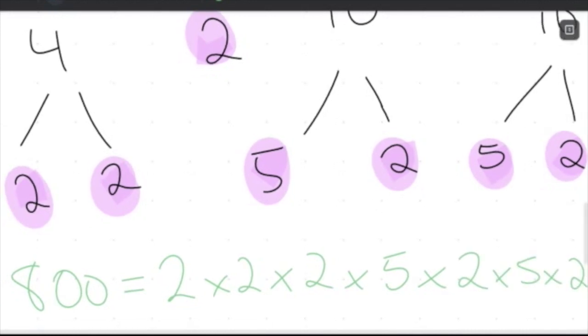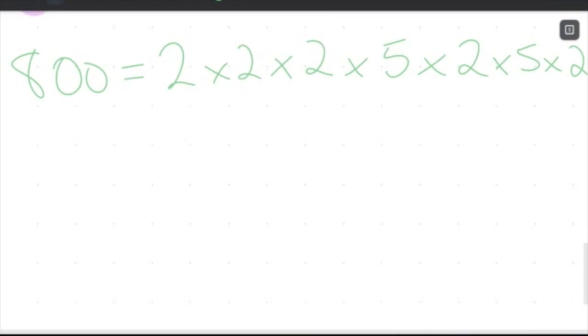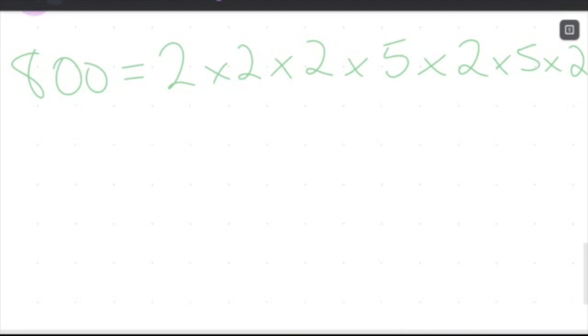Okay, that was a lot of work just to write down all of those products. I know from my work with indices so far that I can just count. I have a lot of the same base numbers here, right? I can just count how many there are multiplying and apply my shortcut, my indices. So how many 2's do I have?